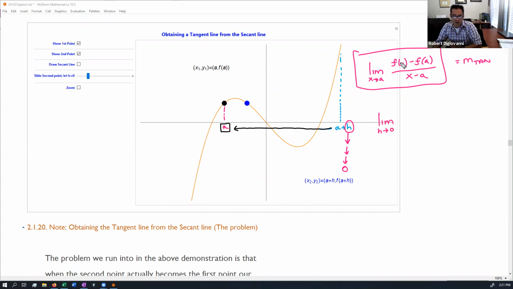And now what changes here? Well, you tell me what changes. Do we have f of X anymore? It's f with this plugged in.